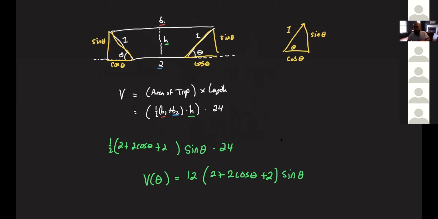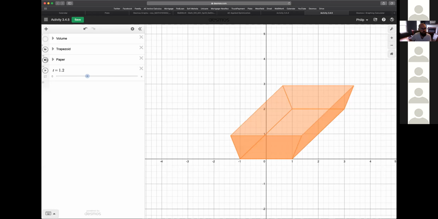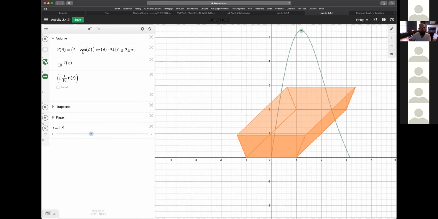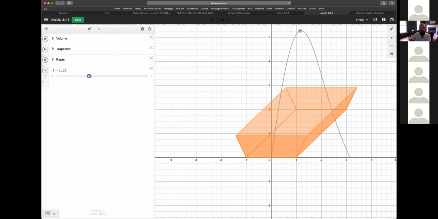Okay. And so we're 2 minutes over here, so we're not going to go through the whole process of taking this derivative, but fortunately for us, we do have Desmos. If you would like to, you can view this volume equation. I already have it plugged in here, and when you drag your trough around, you'll be able to find the maximum value.